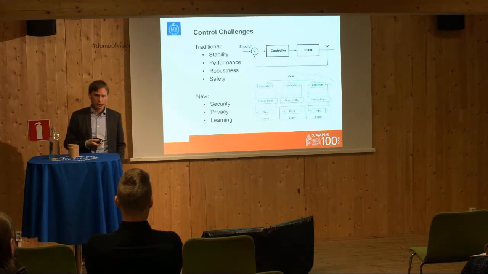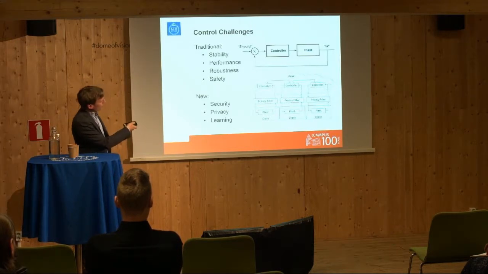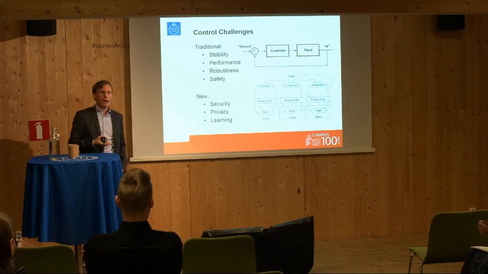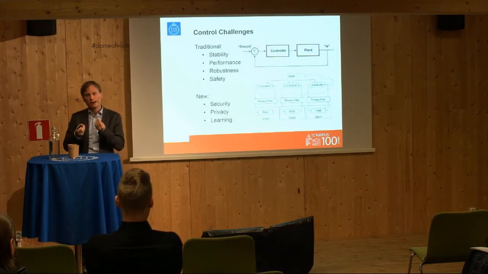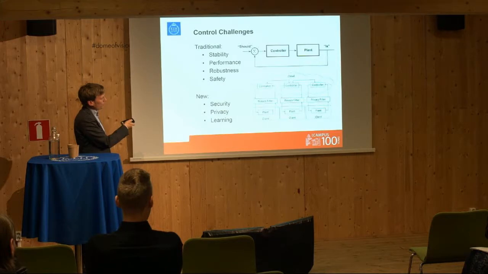Privacy is another interesting problem. From this figure, what the client or the plant is doing is pushing his information up into the cloud, into a controller, and in reply he gets some wise decisions on how he should adjust his behavior. Well, if you do that, you notice that the controllers may very well start sharing some of that information with neighbors.